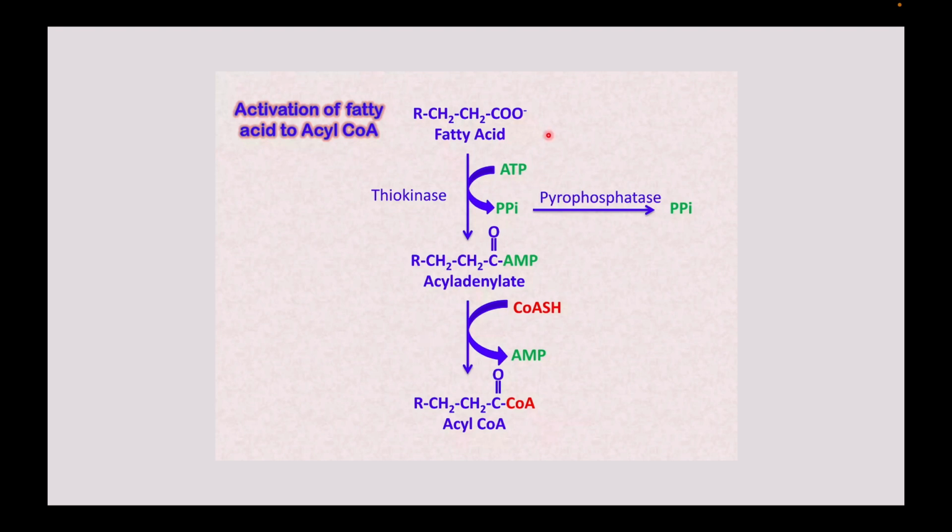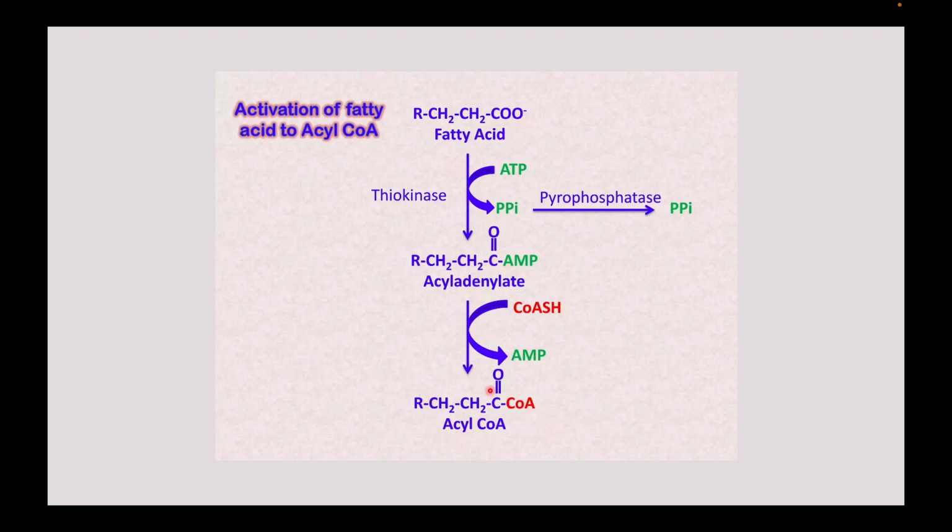From the fatty acid we get acyl adenylate, and then the AMP is released and replaced by coenzyme A at the CO group, which forms acyl coenzyme A.